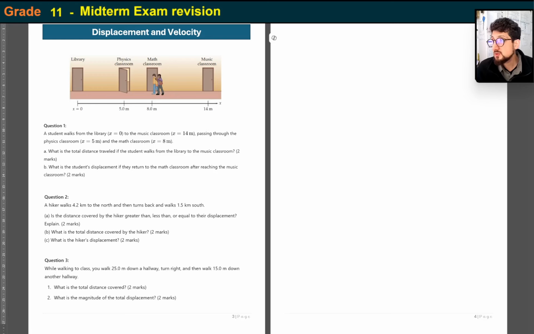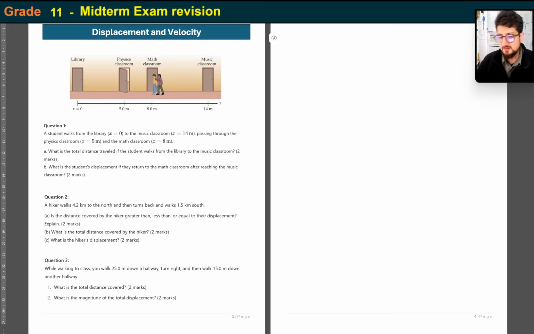Okay, so we need to work out the total distance. Now, first of all, you need to know the difference between distance and displacement. Distance is the total length covered, whereas the displacement is the shortest length between 2 points, right? So we're asking for the total distance, which is the total length covered if they go from point 0 to point 14.